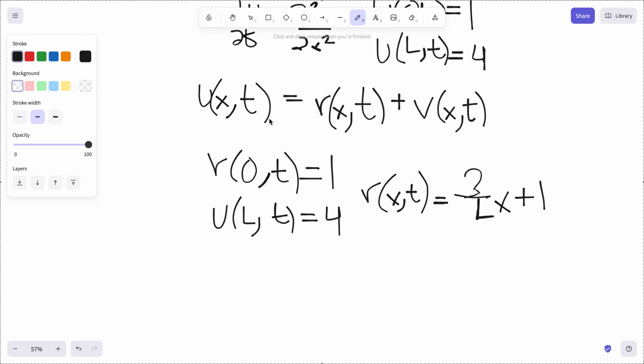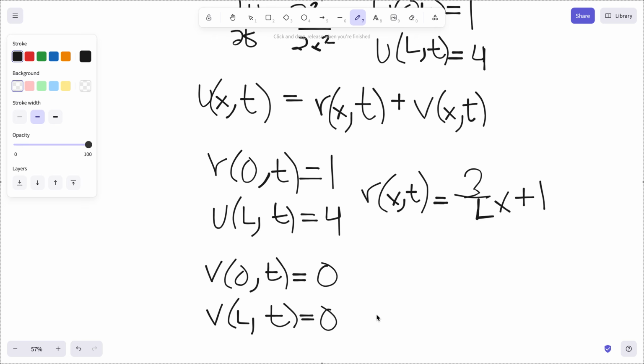Next, now that we have this, the boundary conditions for v of x comma t are just 0 and 0. So v of 0 comma t equals 0, and v of L comma t equals 0. And this we know how to solve. It's just the Fourier sine series.